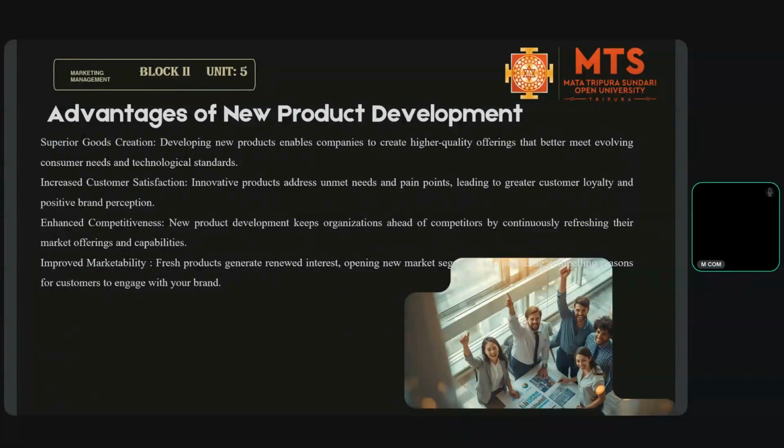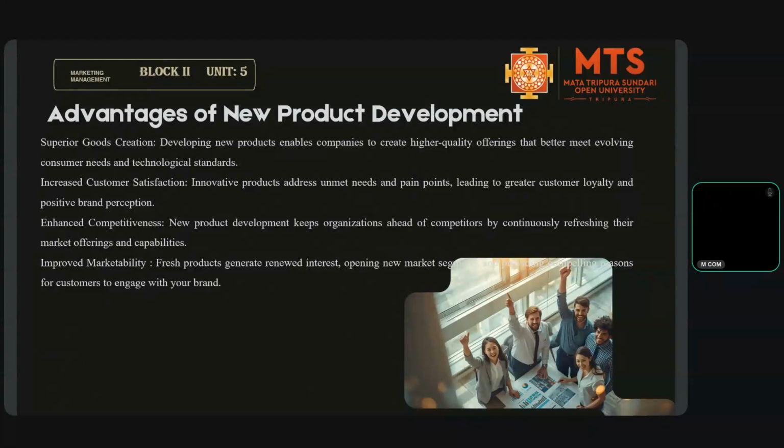Improve marketability. A fresh product generates renewed interest, opening a new market segment and providing compelling reasons for customers to engage with you. Of course, when you launch a new product, it gives you the benefit of renewed interest from customers and a new market segment also.